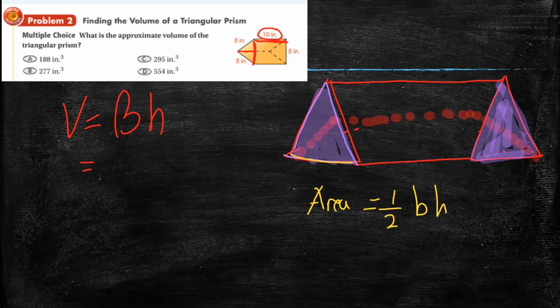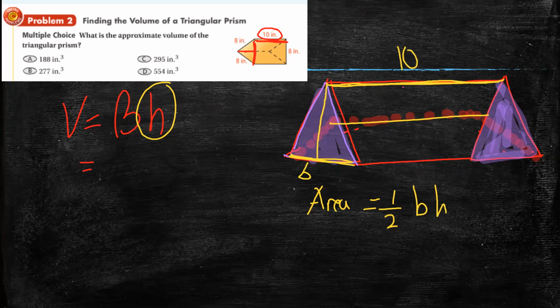This b small means the length of the side of the base. The height here is a line segment that is perpendicular on the base of the triangle. But after you find the area, this h now is the altitude that is perpendicular on the base. This is my base. Where's the altitude that is perpendicular on it? Which is 10.